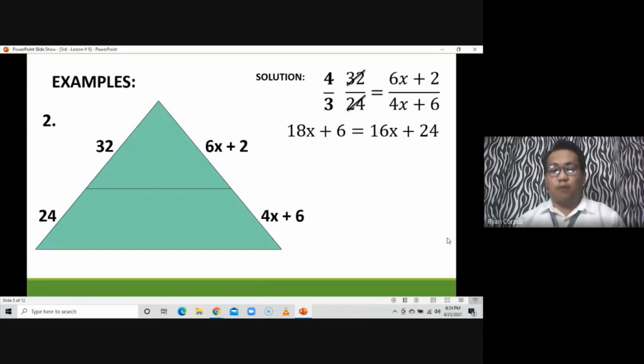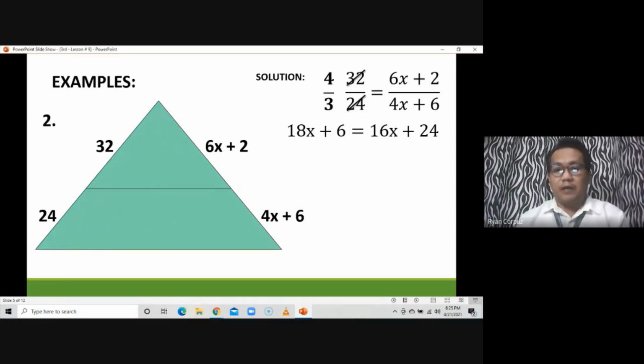Again, we made use of cross multiplication. From there, we combine similar terms by moving 16x to the left side of the equation and 6 to the right side, applying a property of equality, more specifically the subtraction property of equality.